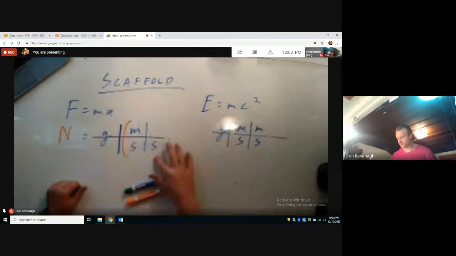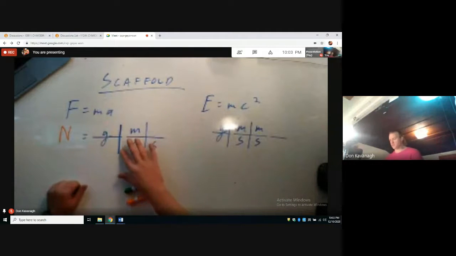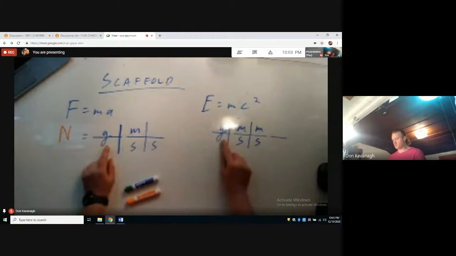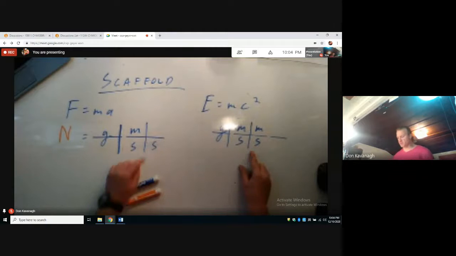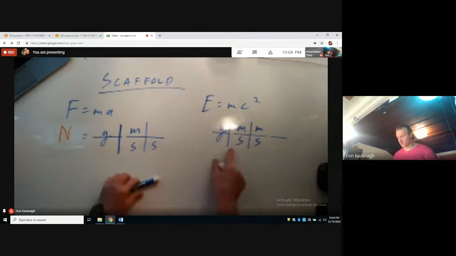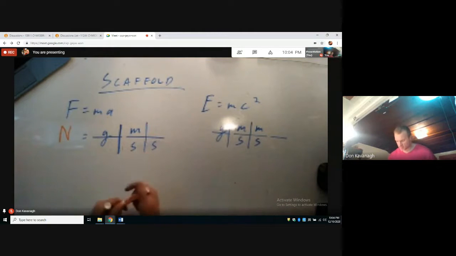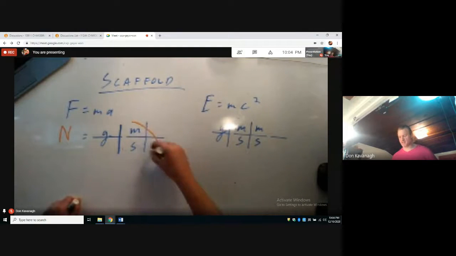Okay. Now I'm going to look at these scaffolds. Grams times meters divided by seconds, divided by seconds. Watch how I draw these parentheses laterally. Okay, kind of making that fit in there.